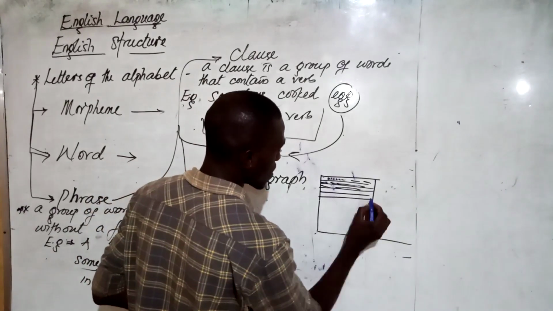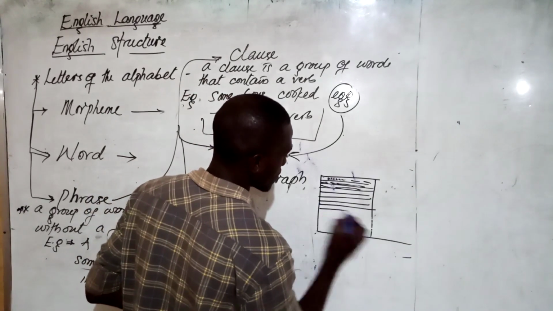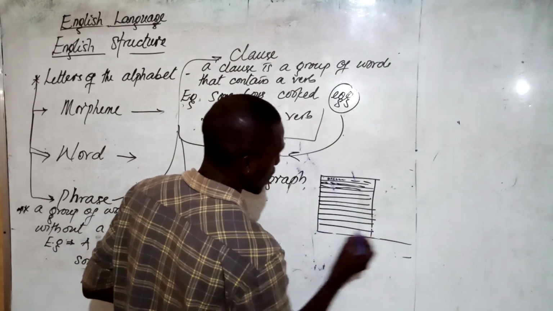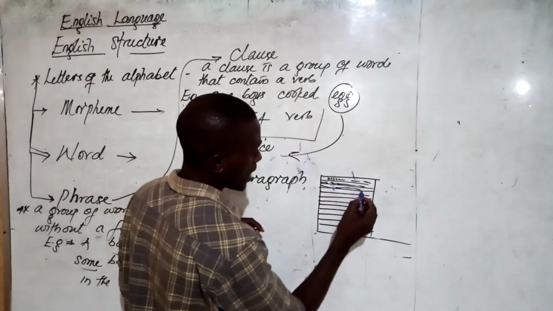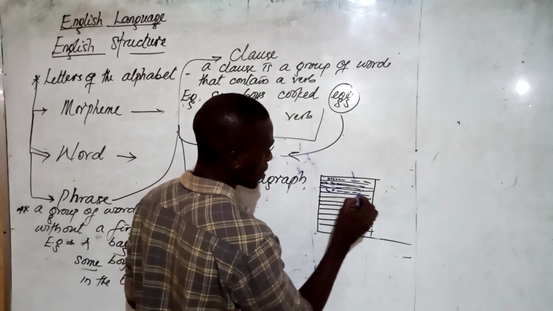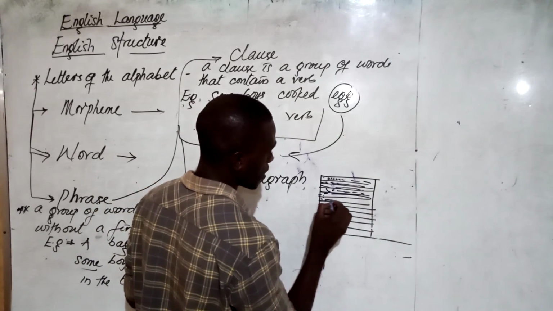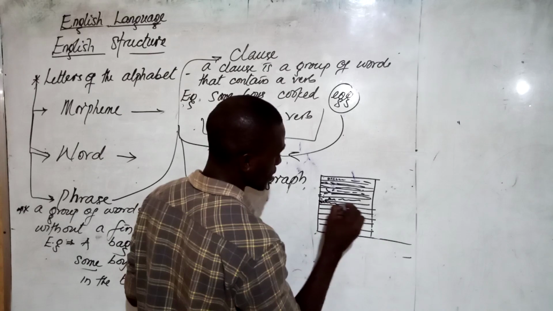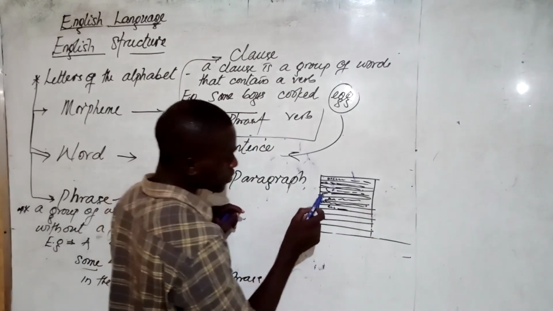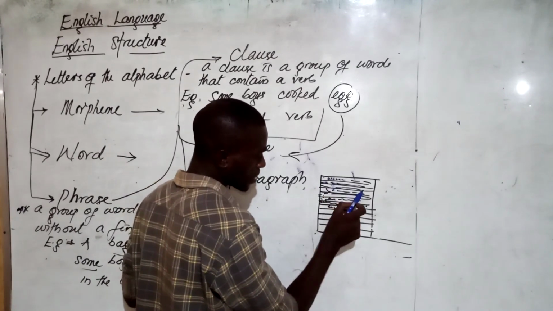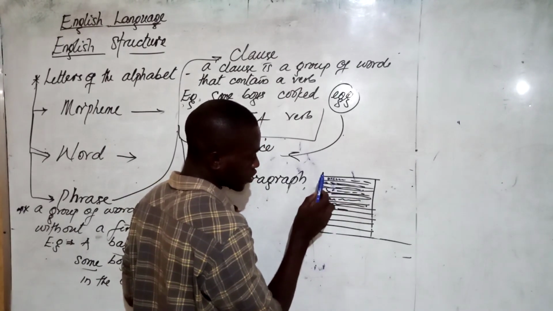If the lines in my book are like this, then I put my full stop here and continue my writing, and I put a full stop here and start again. Each time I end, I leave a small space here.